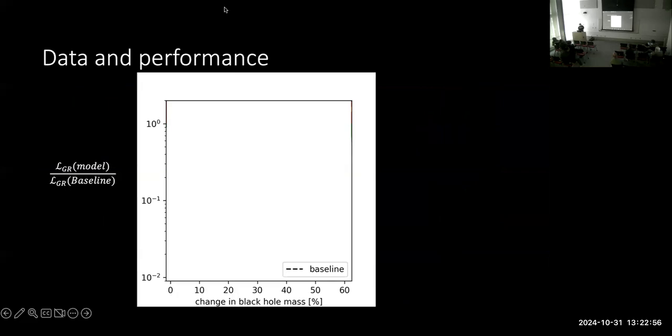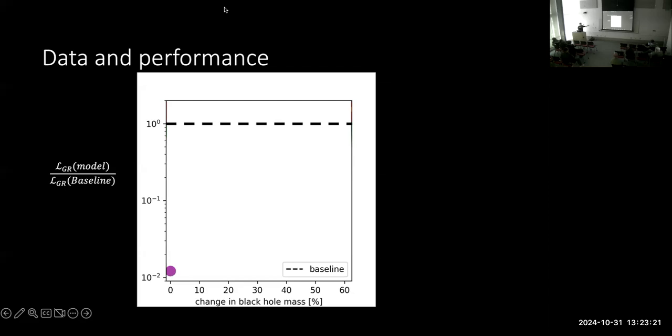So what we find here is that first of all, this is a normalized performance, right? Using my specific loss, and the baseline of interpolation is the one above, and the one here in the bottom is the performance of our model.